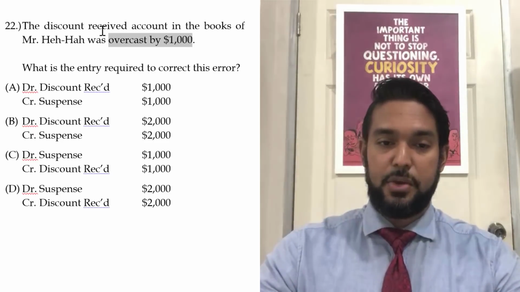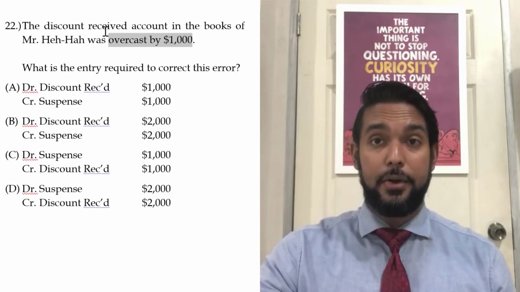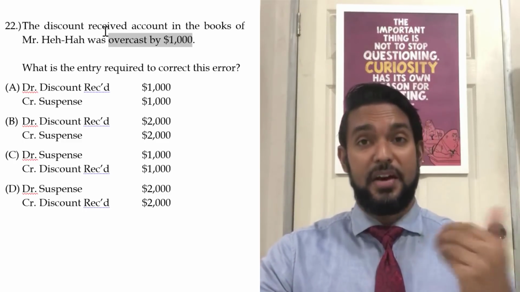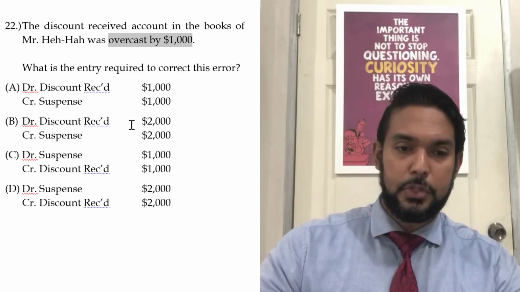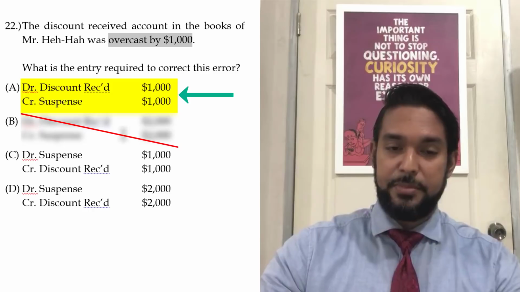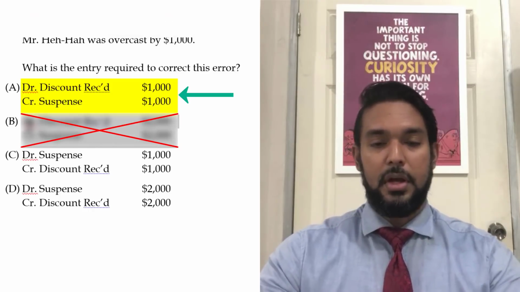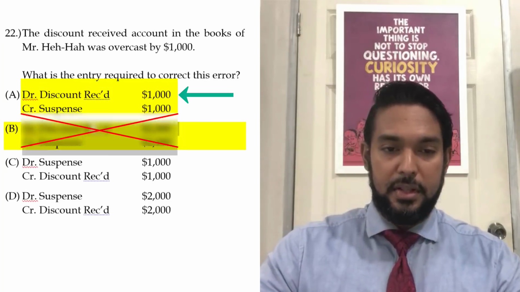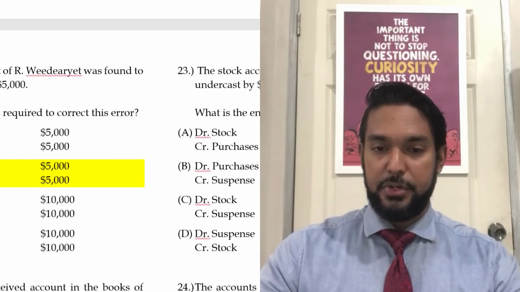So you're going to have to debit discount received, and once again, it's a one-sided error. An error probably in totaling or whatever the case was. So we debit discount received because we have to decrease the revenue, and credit suspense because every debit needs a credit, and that account is used to facilitate double entry.